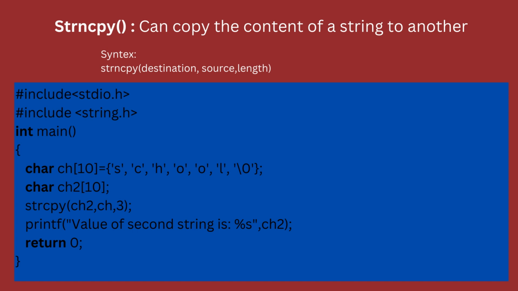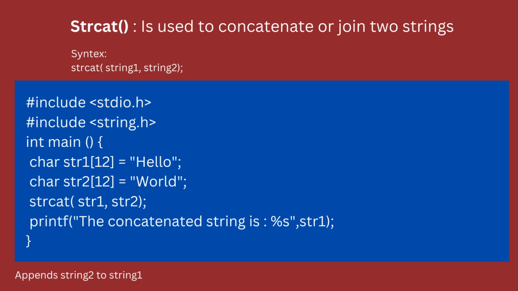The next important function that is used mostly is the strcat function. It is most important because when we have two different variables for two different strings, at the time of showing the data we want to print them in a concatenated form. So how will we concatenate or join two strings?